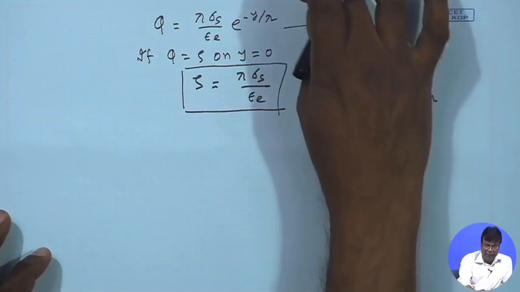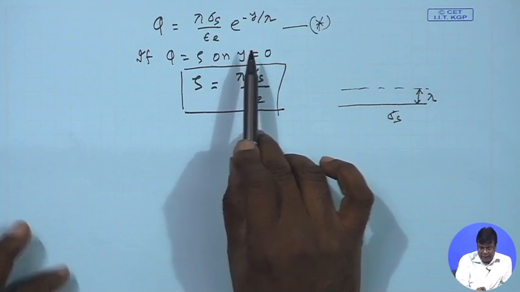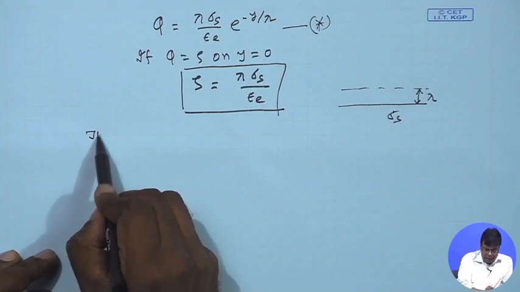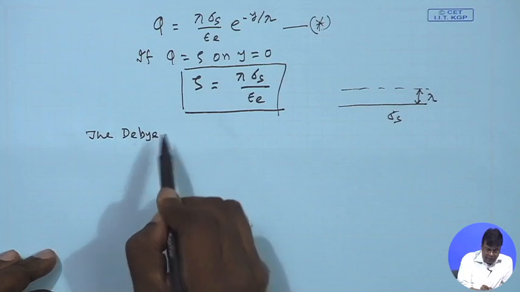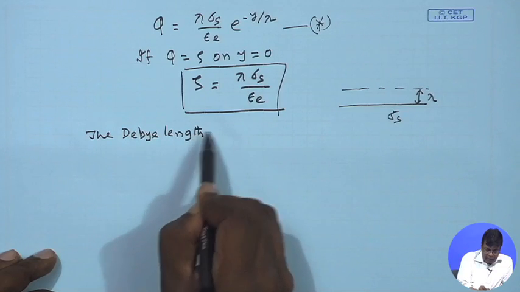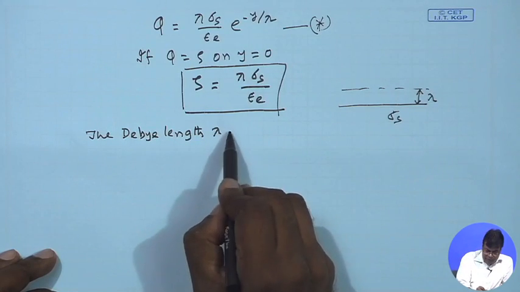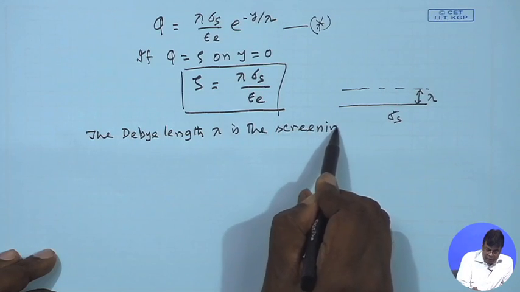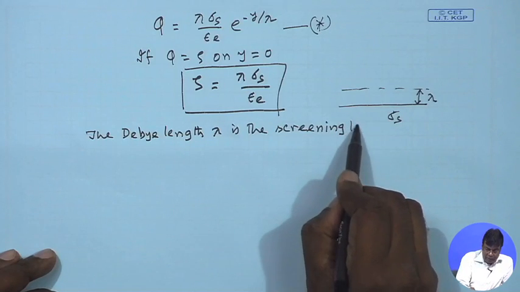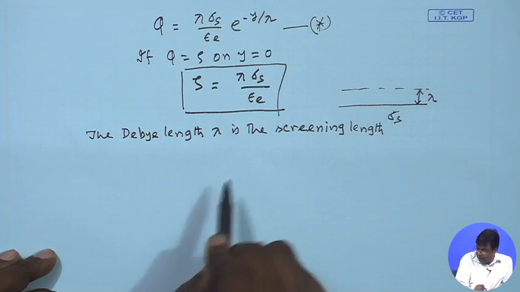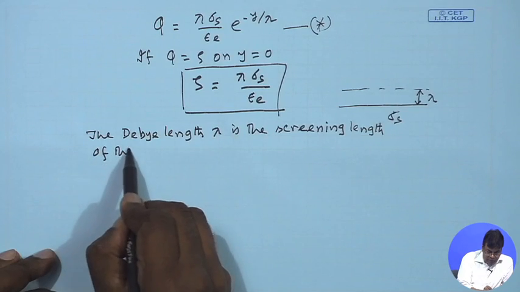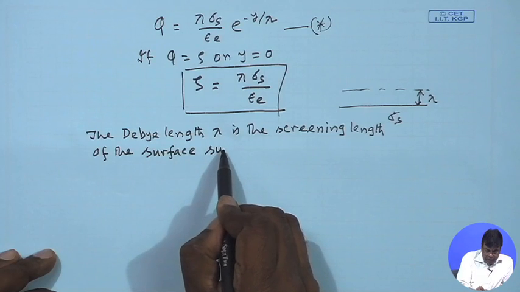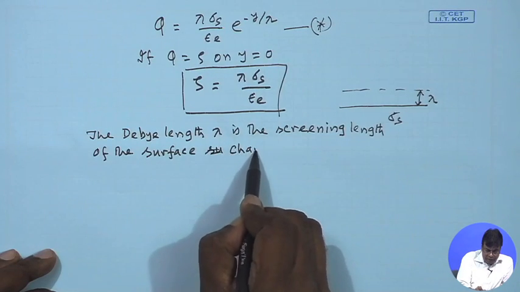That means phi becomes very negligible as y becomes large compared to lambda. So we can write that the Debye length lambda is the screening length of the surface charge sigma s.